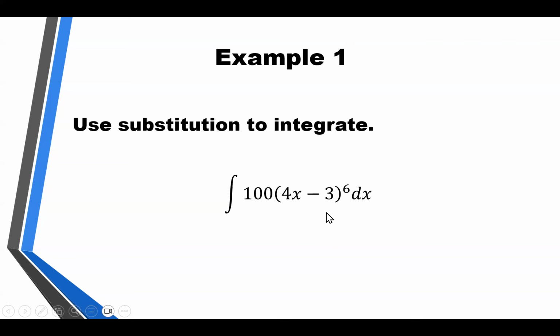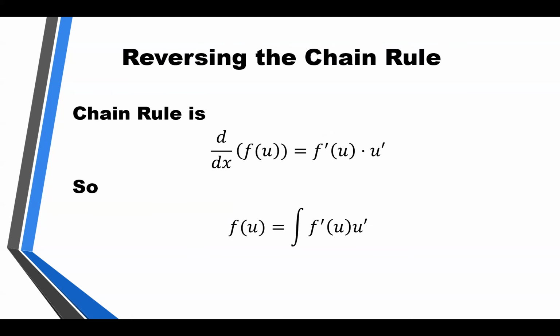Now, the biggest thing we have to do in every single substitution example is decide what that inside function is, because that's going to set everything else. We have to figure out what the inside function is, what the u is, and then we'll adjust the differentials.